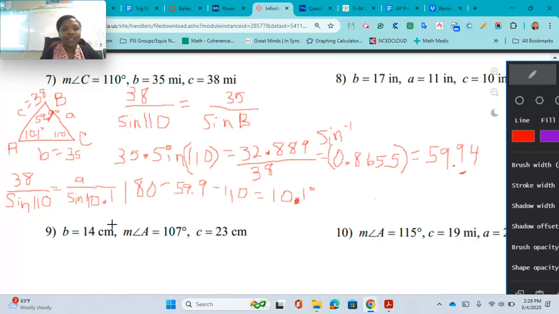I'm sorry, it looks a little messy. A over the sine of 10.1. All right, so we need to cross multiply first. What can we cross multiply? Excellent. 38 times the sine of 10.1.